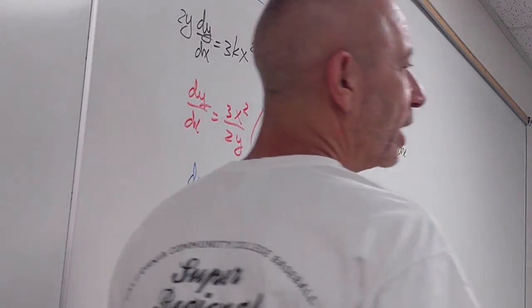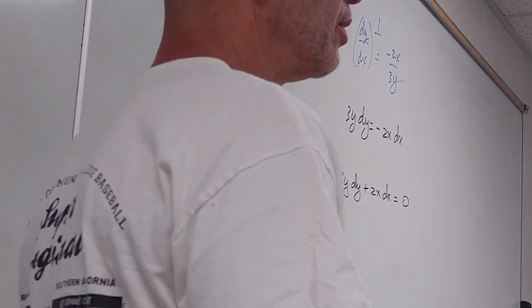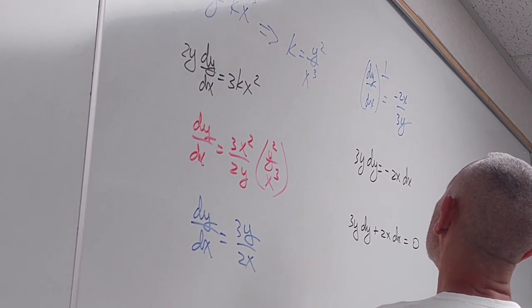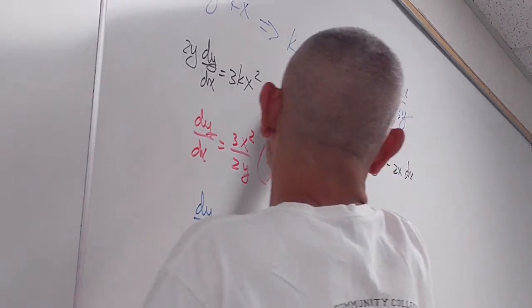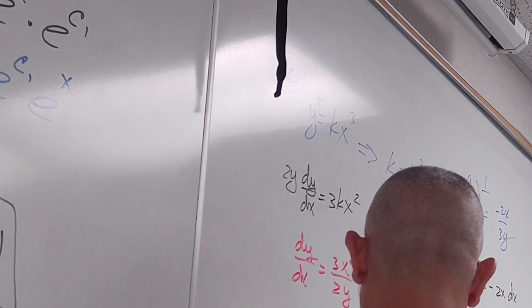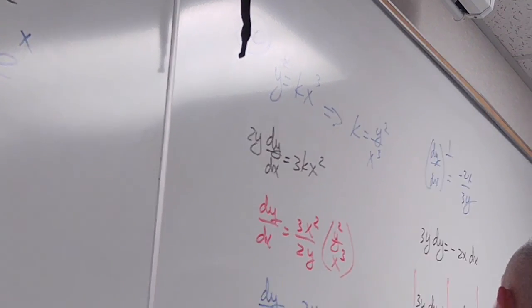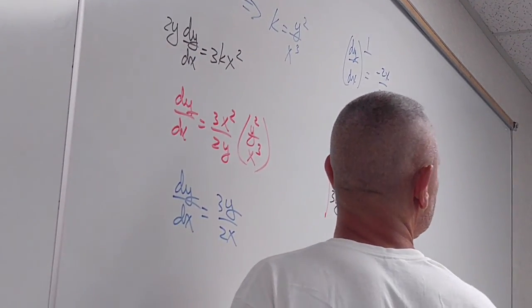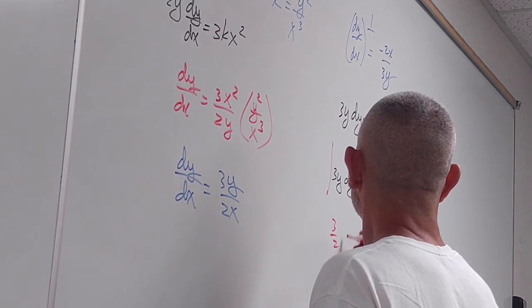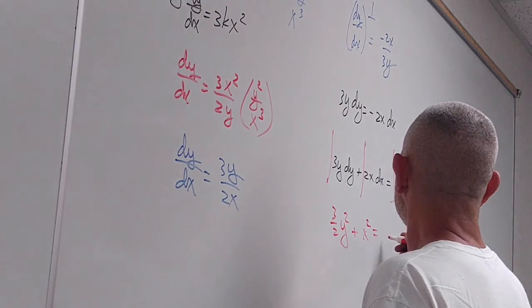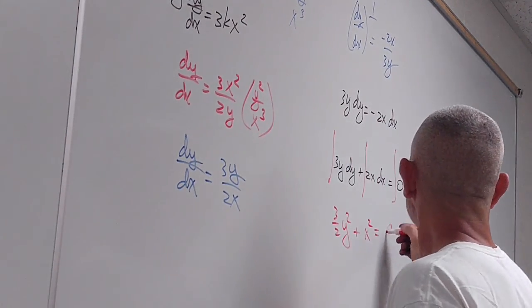And now let's integrate. Why did you separate the k in the beginning? Just to make it easier to substitute in. Okay, so I'm going to integrate. So 3 halves y squared plus x squared equals constant.